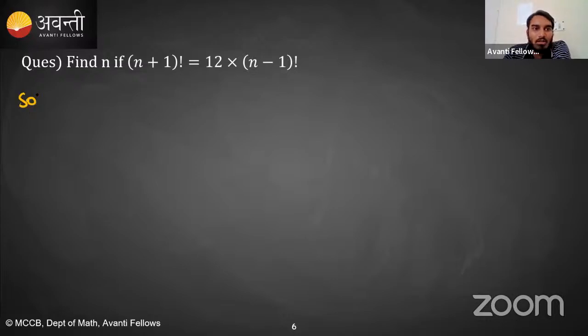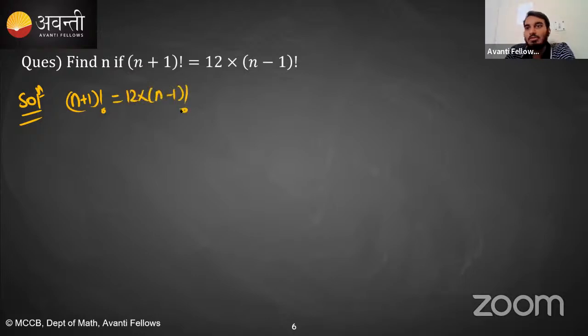Let's solve this question first. What is written? n plus 1 factorial is equal to 12 into n minus 1 factorial. So what is n plus 1 factorial?